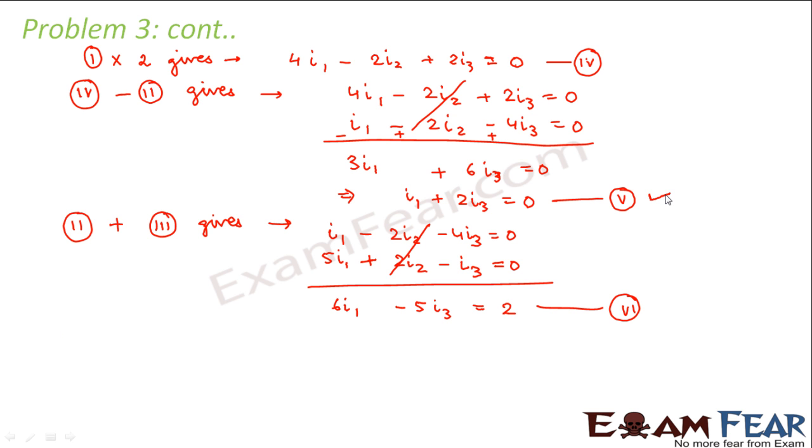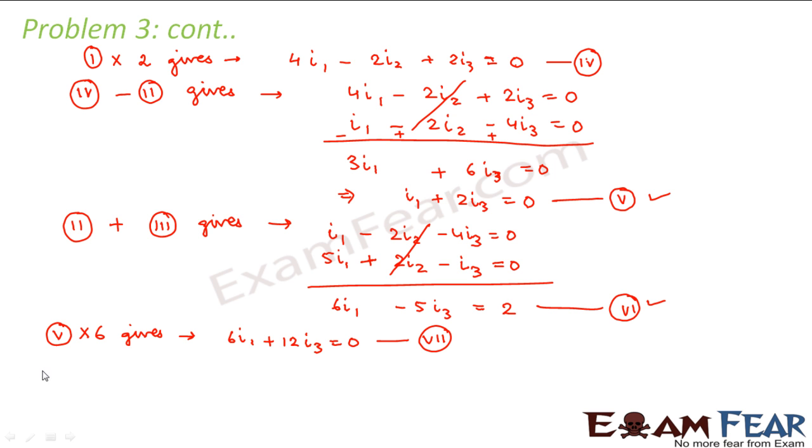Now using equation 5 and equation 6, we will be able to calculate the values of I1 and I3. I multiply equation 5 by 6. That gives 6I1 plus 12I3 is equal to 0, and we call this equation 7.